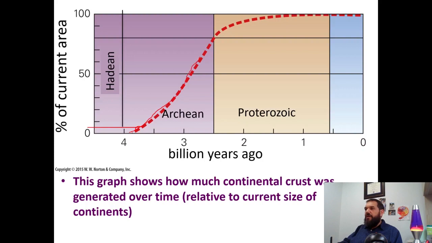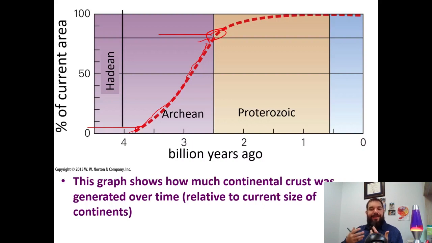Okay, so the Archean is when continental formation really kicked into high gear. We get the birth of the continents. Okay, by the time you get to the Proterozoic, most of the continents have basically already been built.